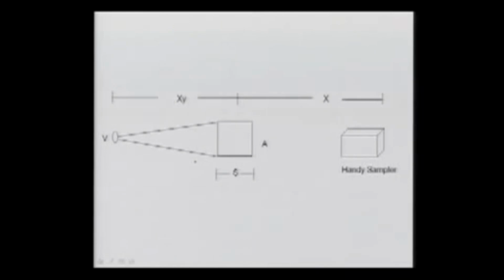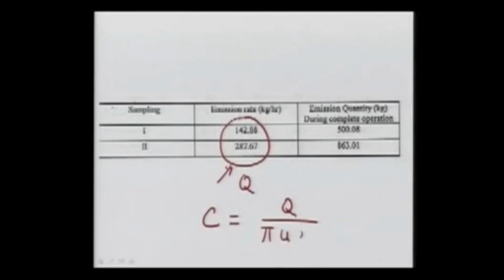This is the sampler here, this is the source. It's basically a repetition of what I have been saying, and then you can finally find out the Q. You remember we were trying to find out the Q; C was known to us from the measurement, and this was equal to pi u sigma y sigma z.